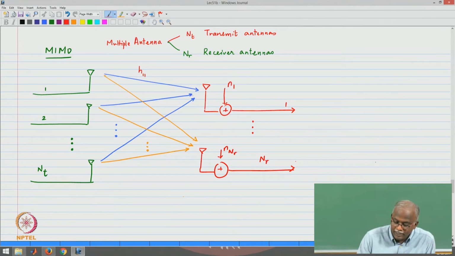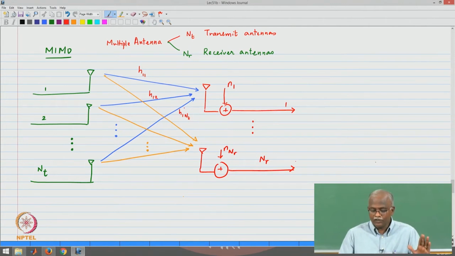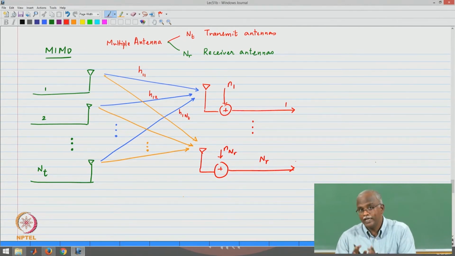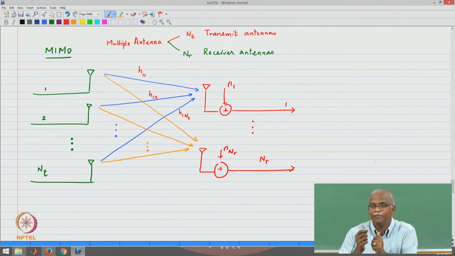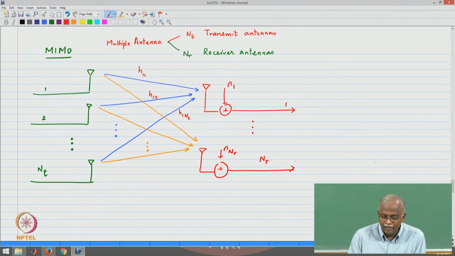Similarly, the receive antenna 1 from transmit antenna 2, call it H12, and H1 comma NT. Keep in mind we are looking at the case where there is only one receive antenna. So, we get NT different signals that are received by antenna 1, each of them having a complex gain denoted by H11, H12, H1 comma NT.